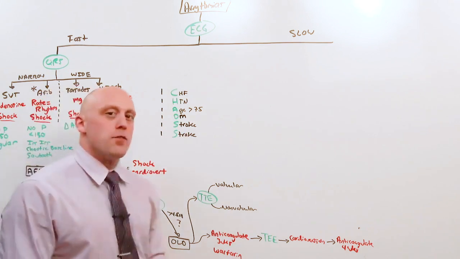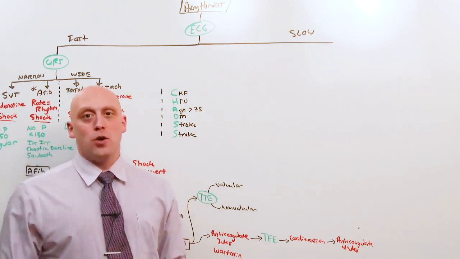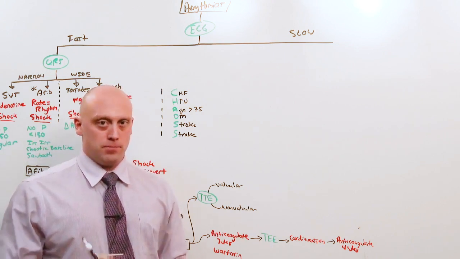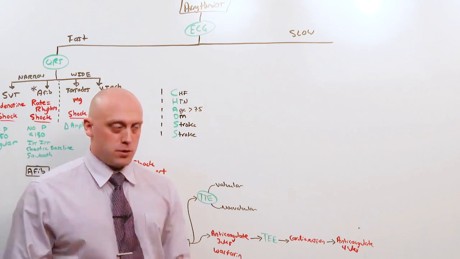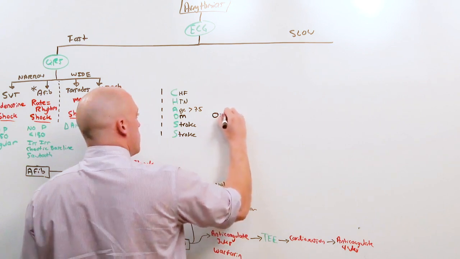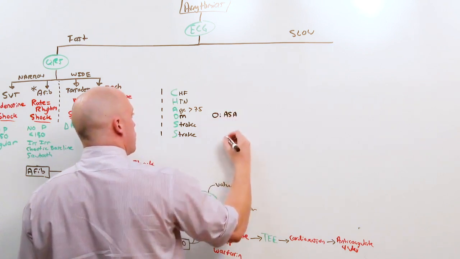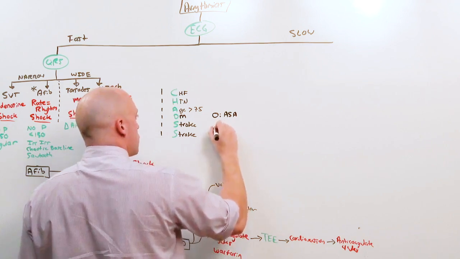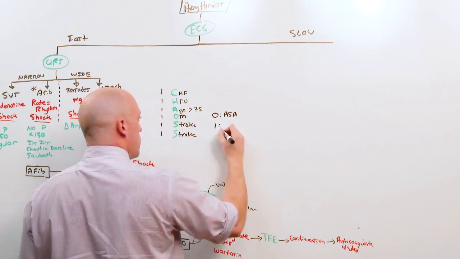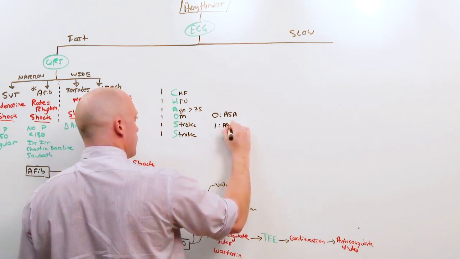And if you get enough of them, your risk is high enough for you to need anticoagulation. Simplified version of this. If your score is 0, aspirin alone. If your score is 1, then you can consider anticoagulation.